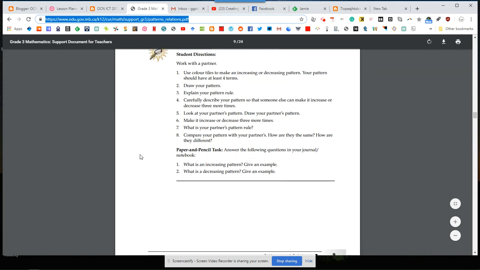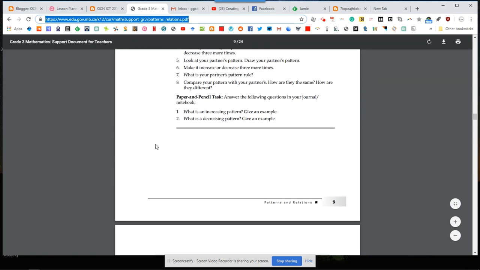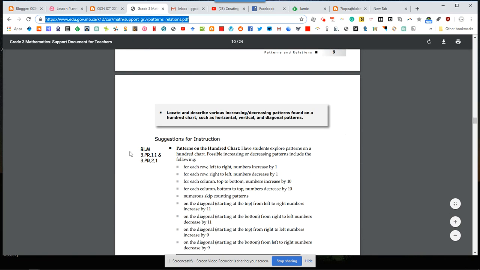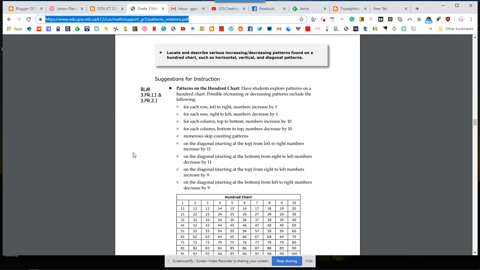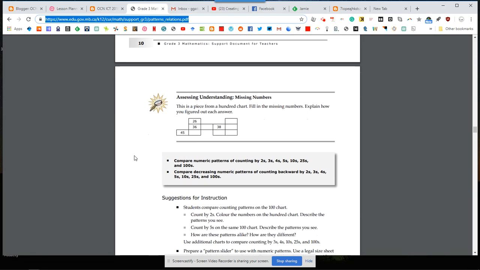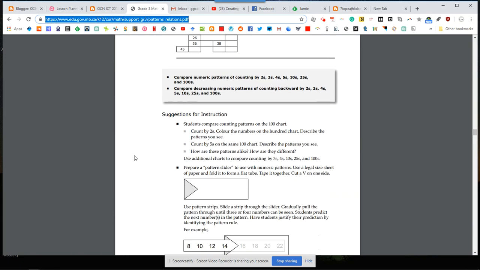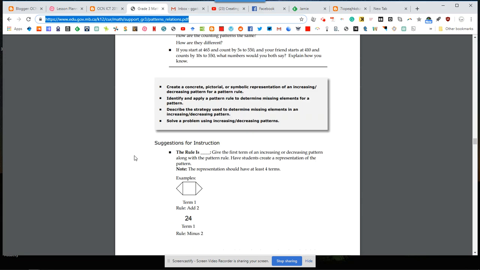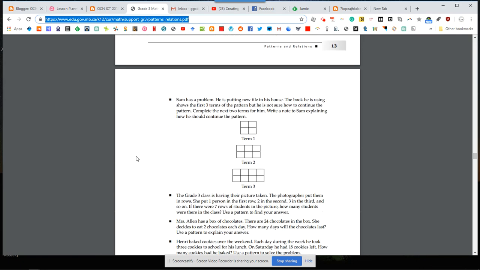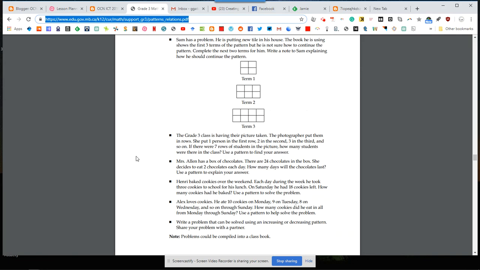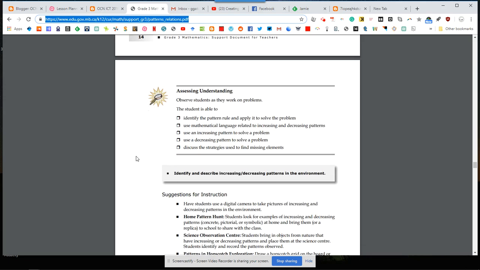And then performance tasks. So again, maybe a paper and pencil task, but of course, if we're talking about ICT, you're going to figure out some way to use ICT for that. Again, more suggestions for instruction, assessing understanding, missing numbers. Just about everything you need to do the complete lesson is incorporated into this Manitoba curriculum document.